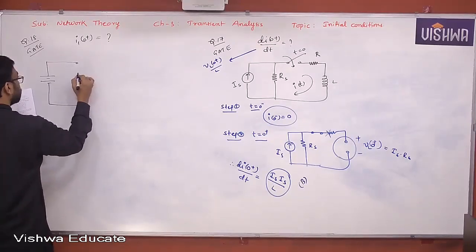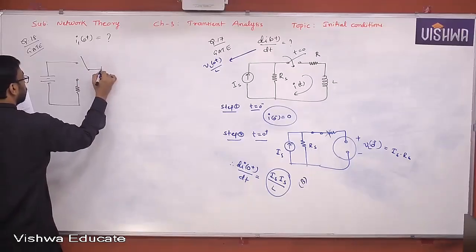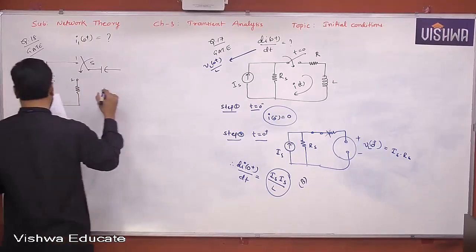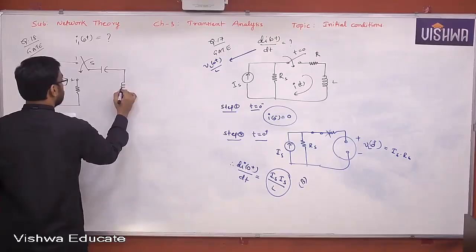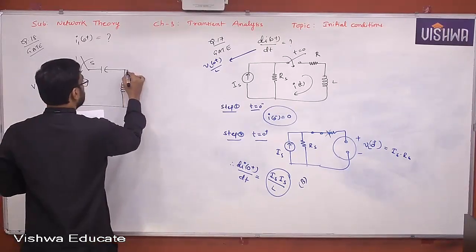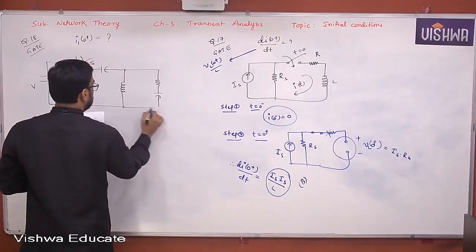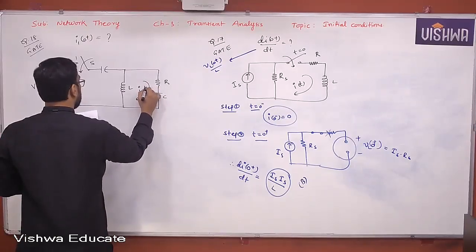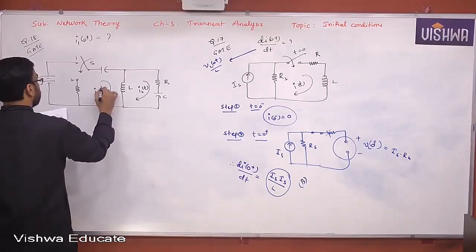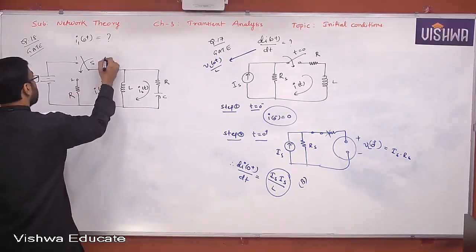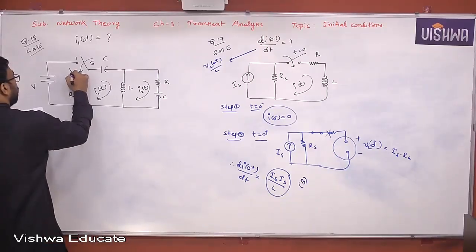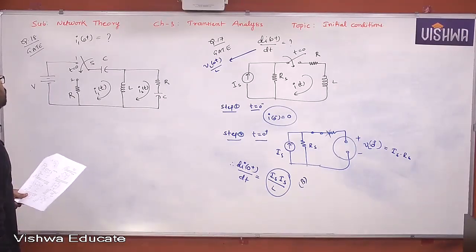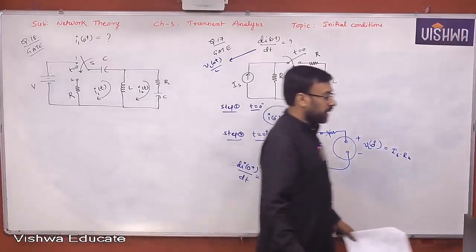Okay, let me draw the circuit. This is C, this is capital R, this is L, this is I2 of t, this is I1 of t, capital R, and this is C. So what is happening here at t equal to 0: the switch is moved from position 1 to position 2, and it is expected to find I1 of 0 plus.